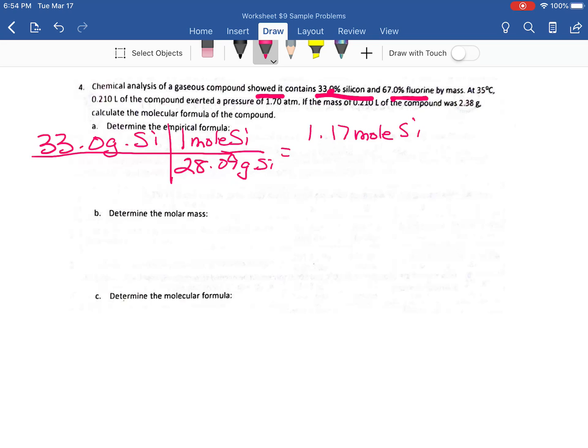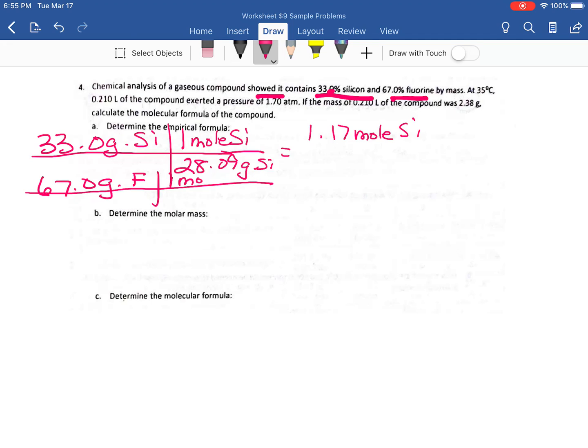I also have 67% fluorine by mass. And so I'm going to make 67 grams of fluorine. Now you may be asking yourself, hey, wait a minute, isn't fluorine a diatomic gas? Yay, bravo you. So pay attention to the wording. It's not fluorine gas by mass, it's fluorine by mass.